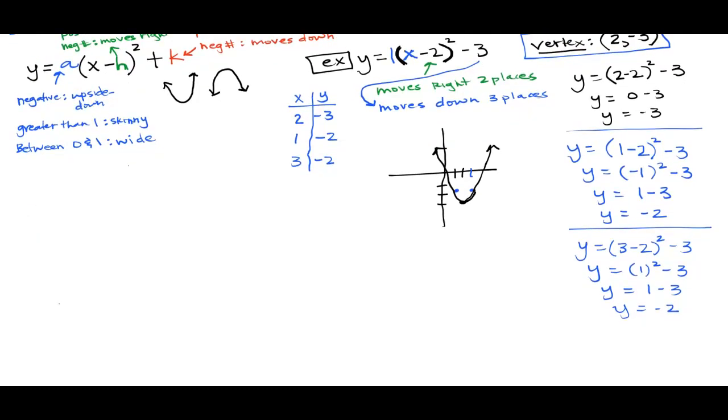Okay, so let's look at something like this. So this time, if we have y equals 2 times (x minus 1) all squared plus 3.